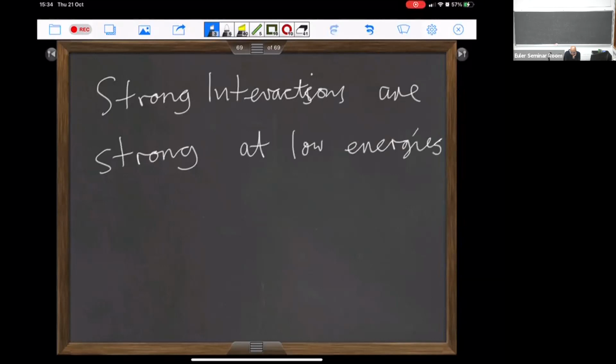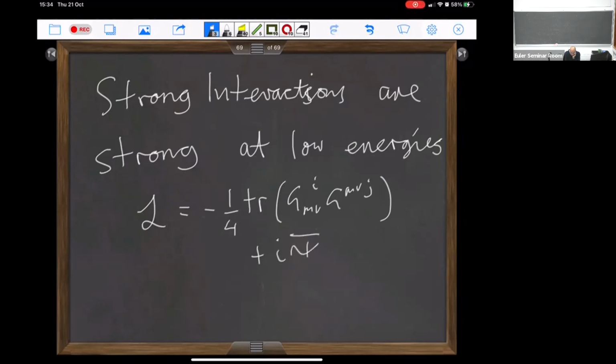When I write the QCD Lagrangian, and I add the coupling to quarks, in this covariant derivative we've got g3, which is the strong force charge, if you like, or coupling constant.